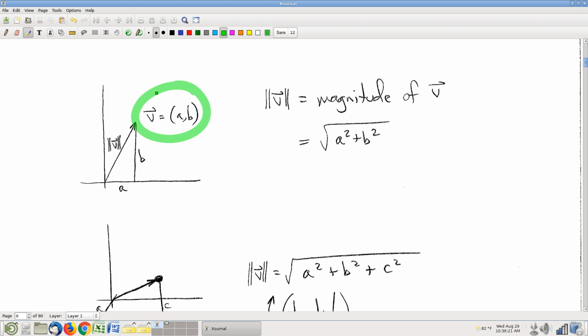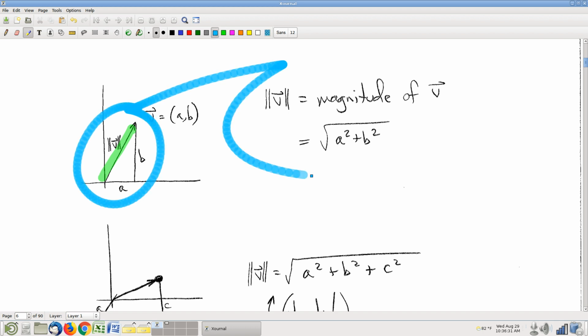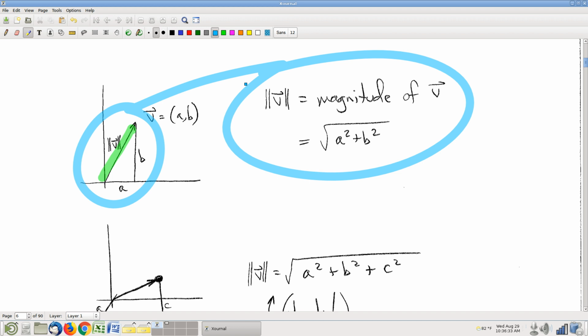So, magnitudes being lengths, that length being part of a right triangle, the Pythagorean Theorem allows us to compute the magnitude of a vector from its coordinates. Real easy. Flashback to geometry. Hope everybody's seen that.